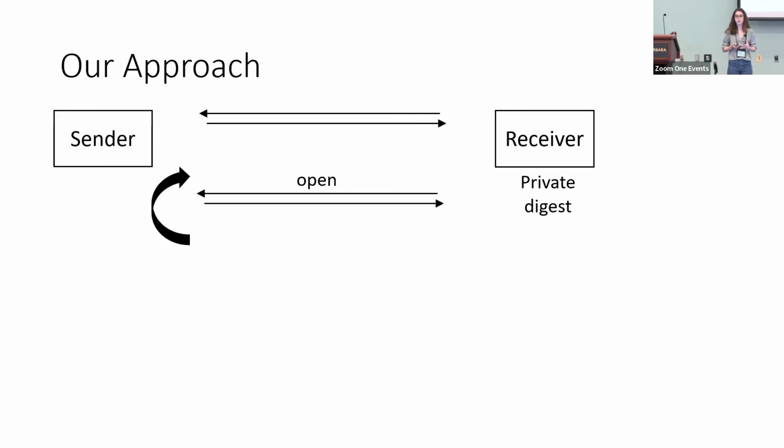And now let me tell you how we do it. So I will start with describing the challenge. We construct a commitment with a private digest. This means that in order to gain security, we need to show that the digest is indeed unknown to the sender. Now, in the result that Ethan told you about, they really show that the interaction hides the digest.